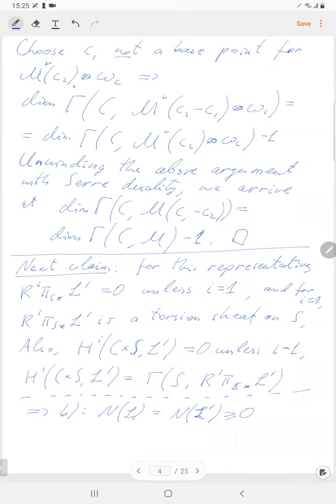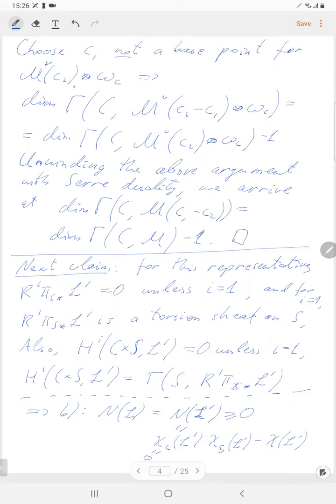Just because the Euler characteristic was equal to the Euler characteristic along C of L prime times the Euler characteristic along S of L prime minus the Euler characteristic of L prime, and the Euler characteristic along C is 0, right?